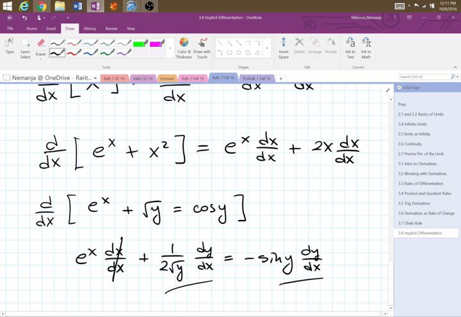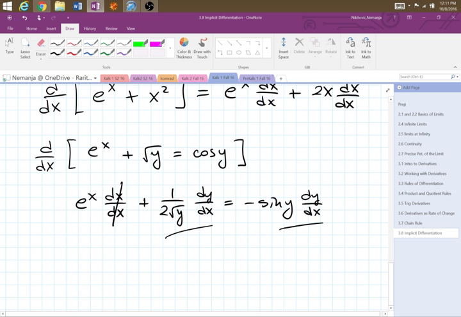Now, why would a story like this be important? Because related rates are coming up. And related rates, you are going to relate two rates through time. Maybe the volume and the surface area of the inflating balloon. Maybe the diameter of the sphere with the volume.